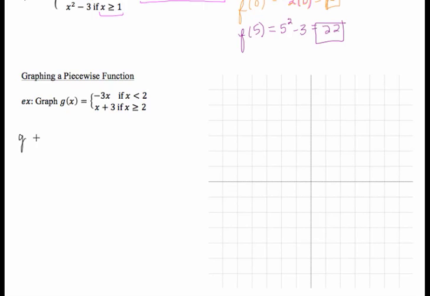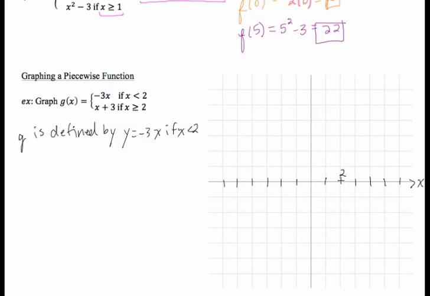G is defined by y equals negative 3x if x is less than 2. So you have to figure out where x is less than 2. Here's your x-axis. Let's just go with the tick marks being equal to 1. So there's 2. If x is less than 2, that means you're over here, to the left side of 2.